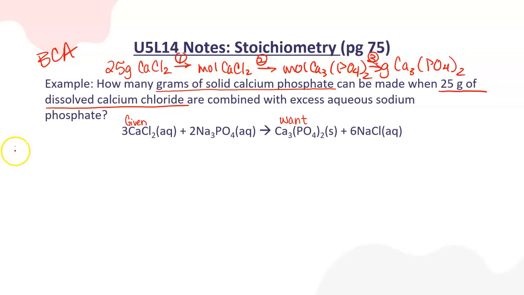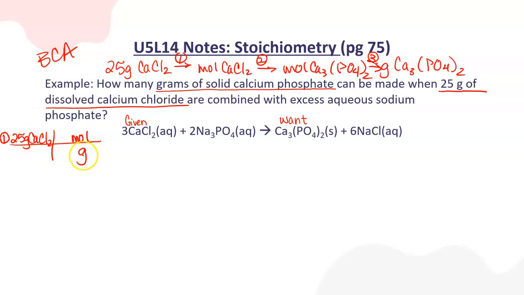So here we go. First one is to take 25 grams of calcium chloride, and we're going to change that into moles. So that's what we already said, grams of calcium chloride to moles. And I'm going to do a T-chart to get my grams on the bottom.